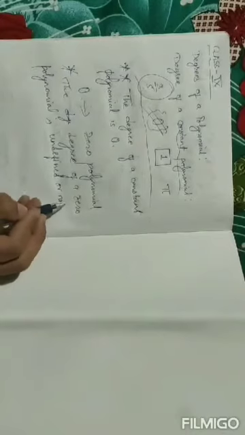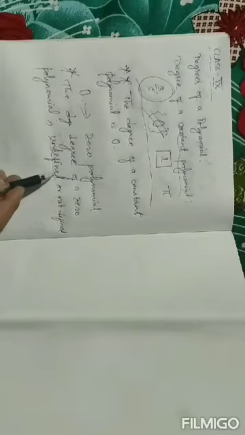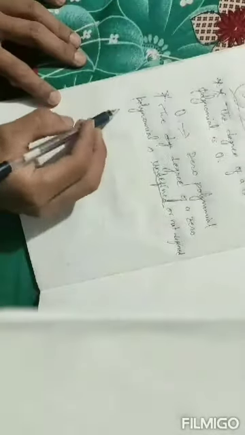We don't know. Undefined or not defined, same thing. You can write undefined. It means we don't know what the degree of the zero polynomial is. So if you are asked to write the degree of the zero polynomial, you will write that the degree of a zero polynomial is undefined.